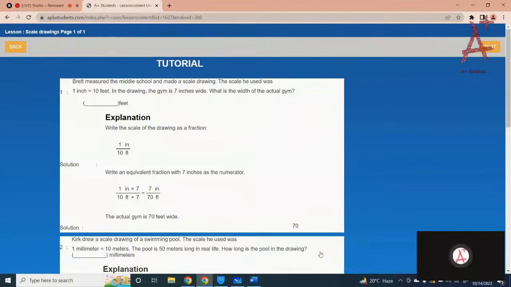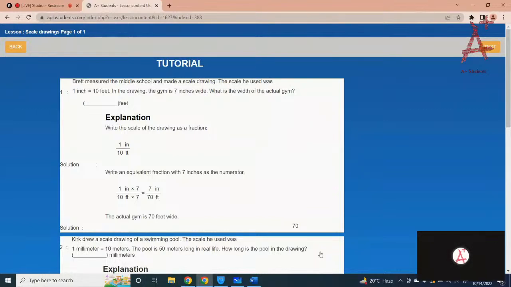Brett measured the middle school and made a scale drawing. The scale he used is 1 inch equals 10 feet. In the drawing, the gym is 7 inches wide. What is the width of the actual gym? So the scale he used is 1 inch equals 10 feet. Got it? So you have to see the gym is 7 inches wide.